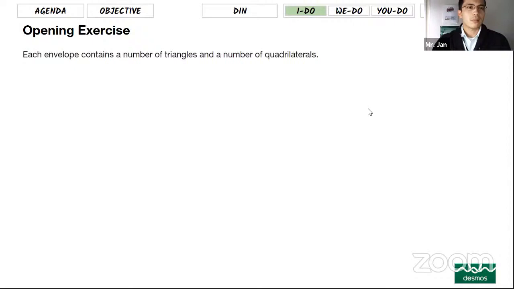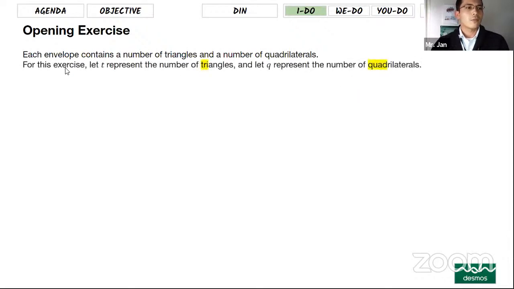So let's say in the classroom, I know some of you are online and some of you are in the classroom, so we cannot do this for real, but assume that each envelope contains a number of triangles and a number of quadrilaterals. Assume a teacher gives every student an envelope, and inside those envelopes there is a number of triangles, but we don't know how many, and a number of quadrilaterals, which are 4-sided figures, but we don't know how many of them.